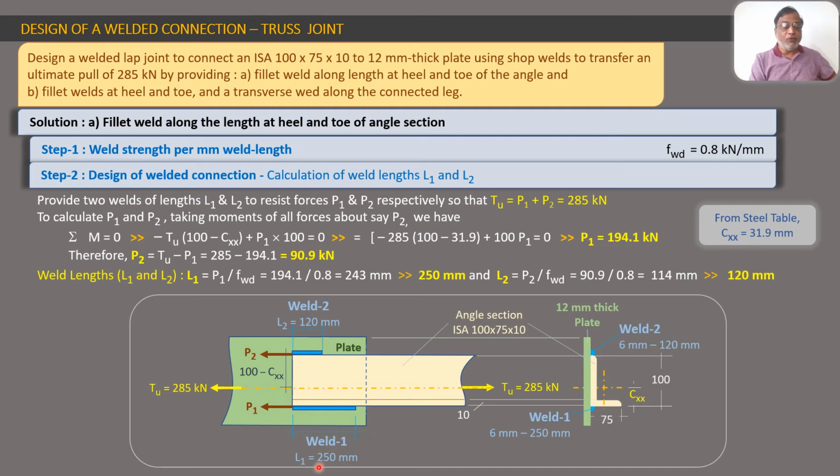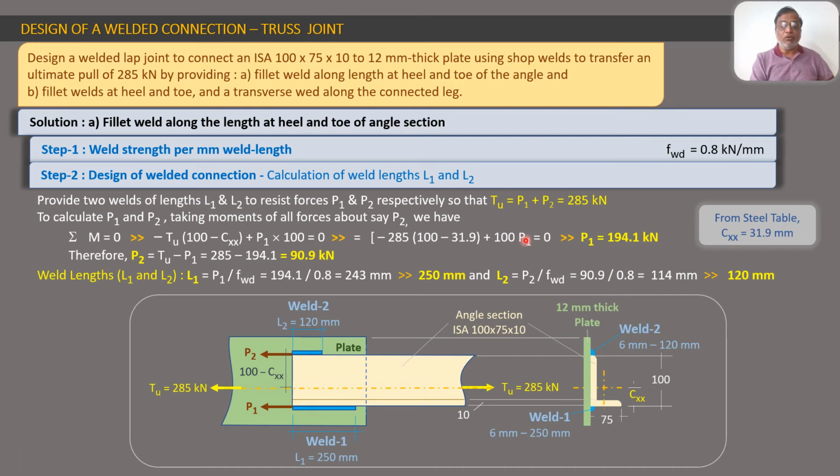So you get weld 1 as L1 of 250 mm and weld 2 as L2 of 120 mm, with P2 equal to 90.9 and P1 equal to 194.1.